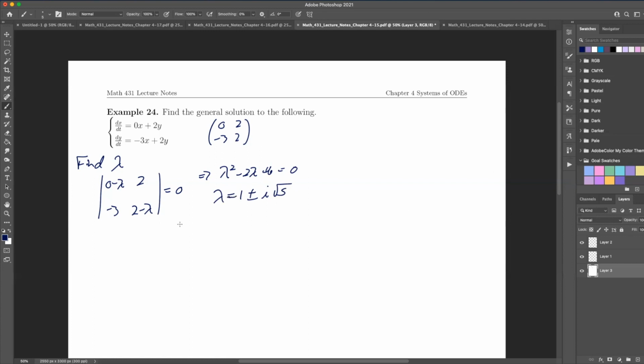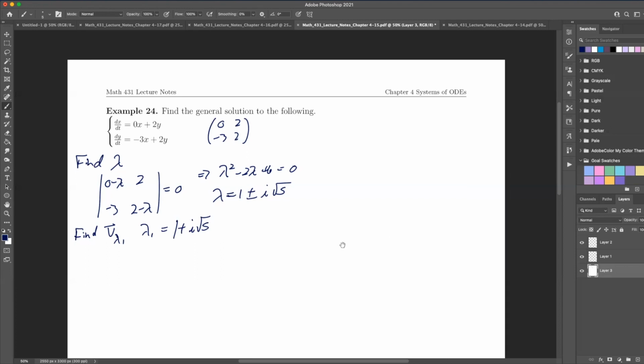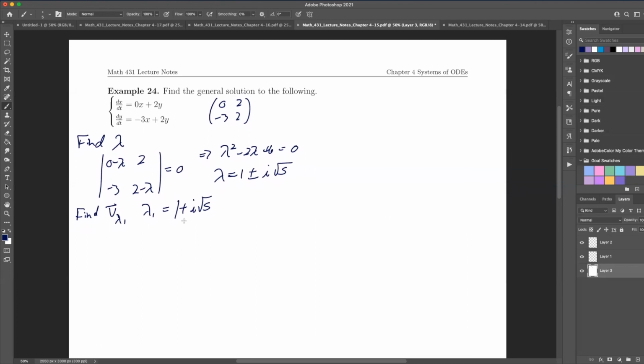Okay. The next thing we want to do is find one eigenvector. We only need to find one eigenvector. So we're going to just say lambda 1, and in this case I'll choose the positive one, just to show that it doesn't matter which one you take. Okay. All right, so we're going to plug that in.